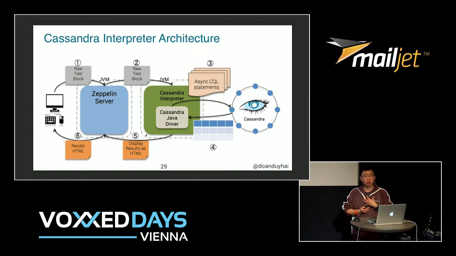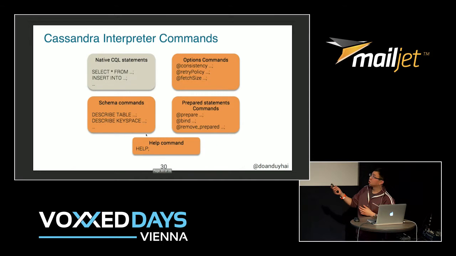Because I am controlling the formatting and the parsing of the input text, in fact I can create virtually any new commands. For example, with my interpreter, I am able to interpret the basic native Cassandra query language, select, insert, and so on. But I also create new commands which do not exist in Cassandra. For example, describe table.